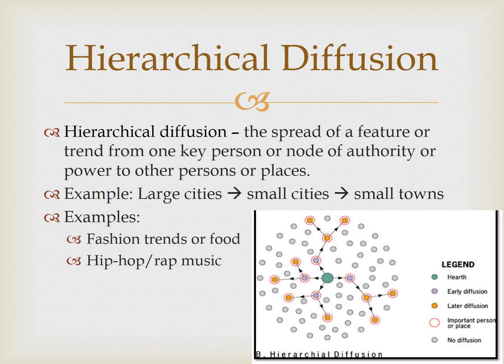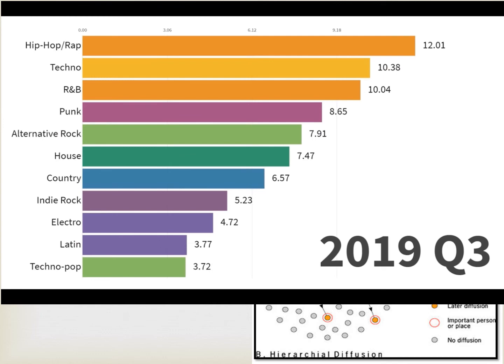Picture an upside-down pyramid. It began in small rural areas around Arkansas, the hearth, and then spread out from there to major cities around the country. It started at the bottom of a hierarchy in rural areas and worked its way up to the top, where big cities are. The same could be said for rap or hip-hop music. It began with small groups in inner-city urban areas, and then diffused to become the most popular genre of music produced throughout the world.